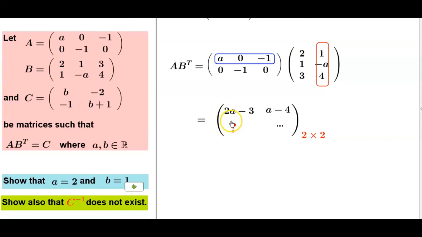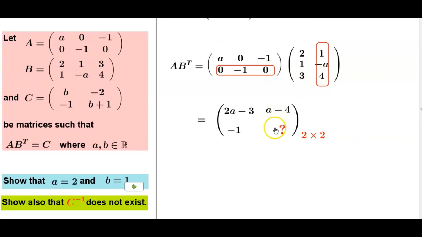And how to get this element? The second row should be multiplied by the first column. 0 into 2, 0, minus 1 into 1, minus 1, 0 into 3, 0. Therefore, minus 1. And this element: the second row multiplied by the second column. 0 into 1, 0, minus 1 into minus A, A, 0 into 4, 0.